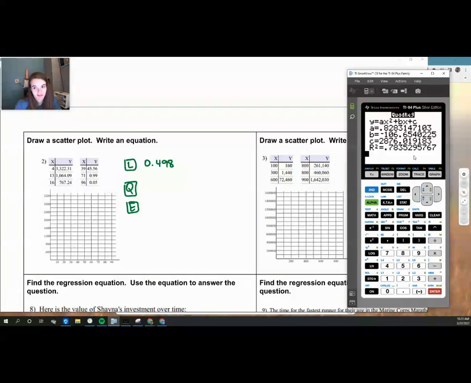You never know, but the quadratic is definitely not weaker. 0.784. At this point, I'm thinking this one is probably exponential. We can go back and look at the graph. Oh, most definitely exponential. Look at that. That's probably one of the best ones we've ever had. 9, 9, 9, 9. I mean, we could just keep writing, but we're not going to. All right, so this one is definitely exponential.